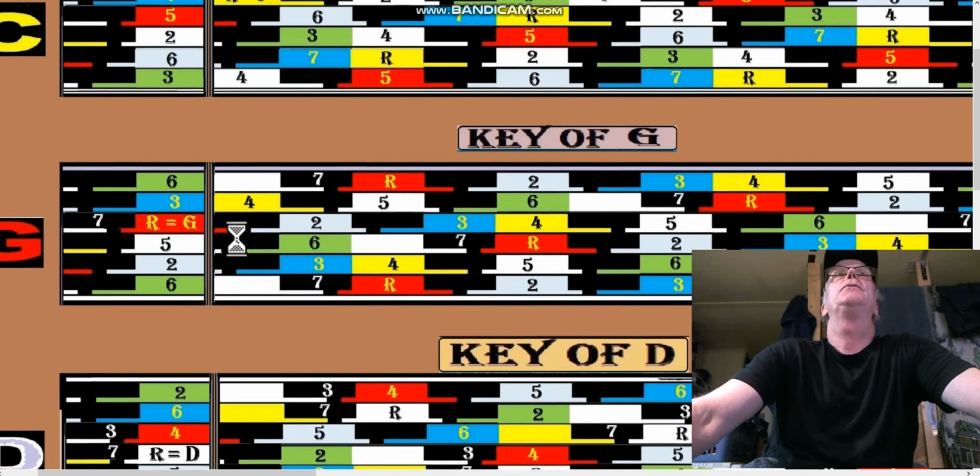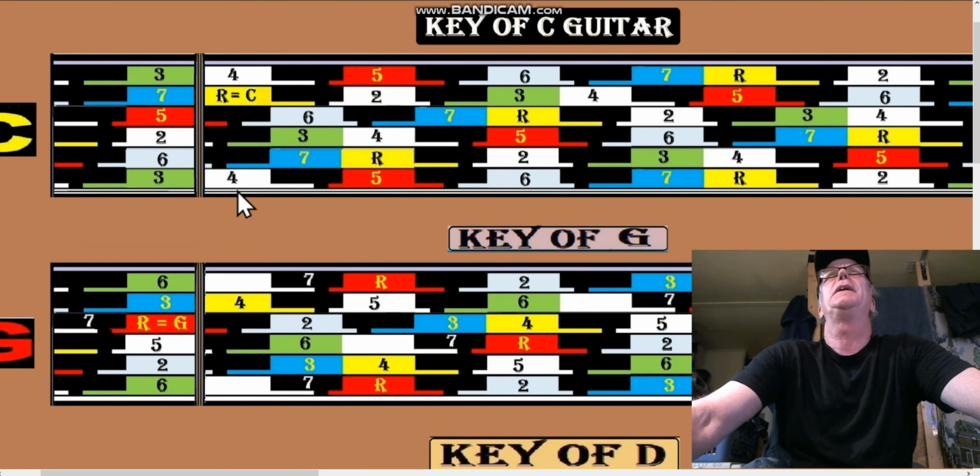Okay, the other roots. Let's look at the key of C for a minute, because I'll have an easier time of it. In the C-shaped box, we've got the C-shaped C, 5 root 3, 5 root 3. It has 2 roots, one on the second string and one on the fifth string.